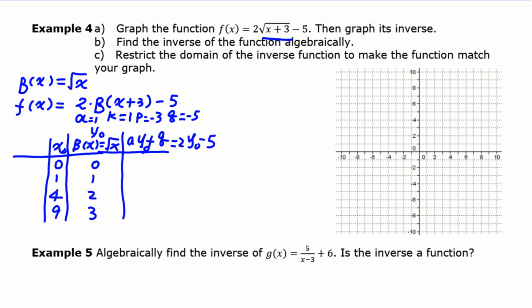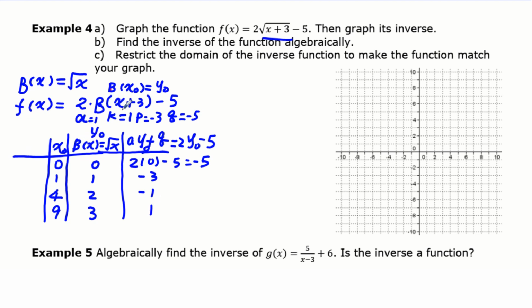So 2 times 0 minus 5 gives you -5. 2 times 1 minus 5 is -3. 2 times 2 minus 5 is -1. 2 times 3 minus 5 is +1.